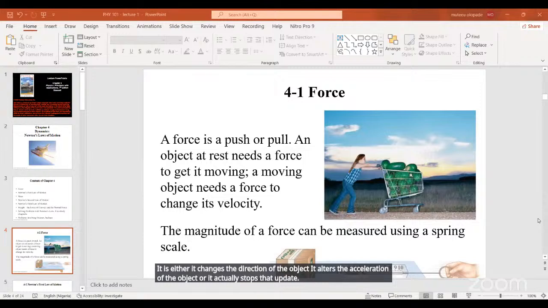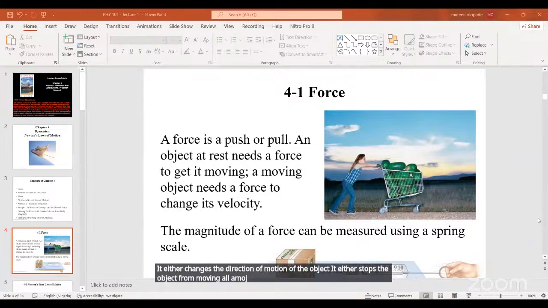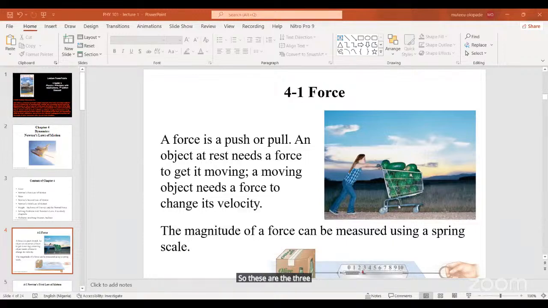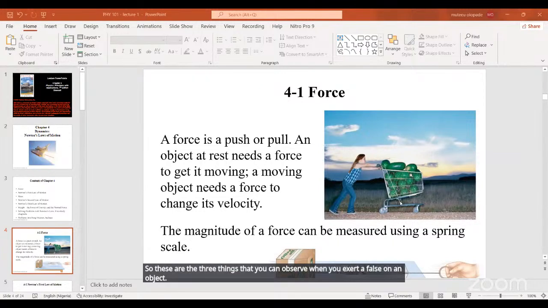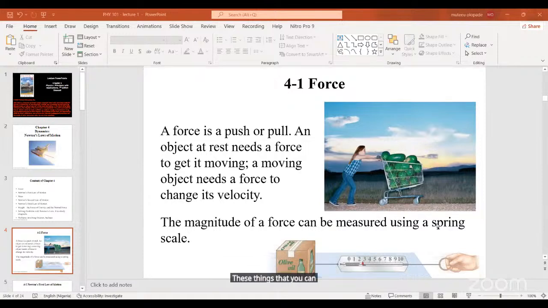These are the three possibilities that can occur when you exert a force on an object. It either changes the direction of motion of the object, stops the object from moving, or an object already at rest can be placed in motion. So these are the things that you can observe when you exert a force on an object.